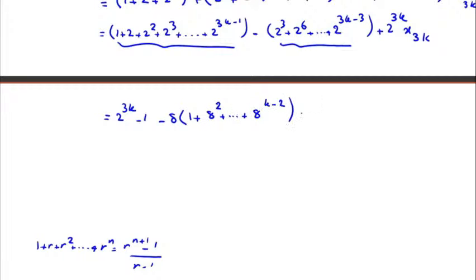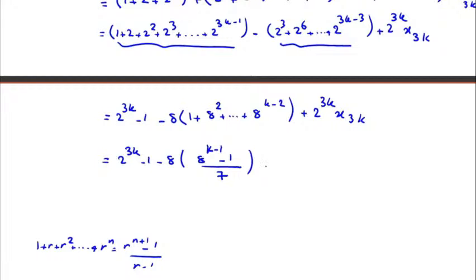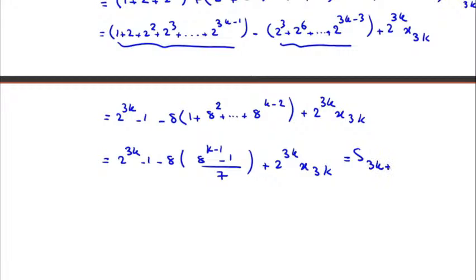Plus 2^{3k} x_{3k}. So, here, let me not erase it to use it again. It will be 2^{3k} minus 1 minus 8 times (8^{k-1} minus 1) over (8 minus 1), which is 7, plus 2^{3k} x_{3k}. So, now, next level, it is equal to S_{3k+1}.